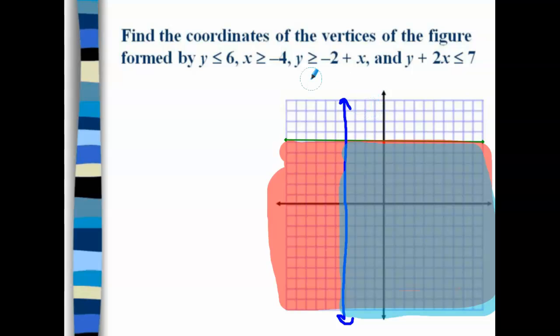And then we have the line y greater than or equal to -2 plus x. So that tells me my y-intercept is at -2, and my slope is positive 1.